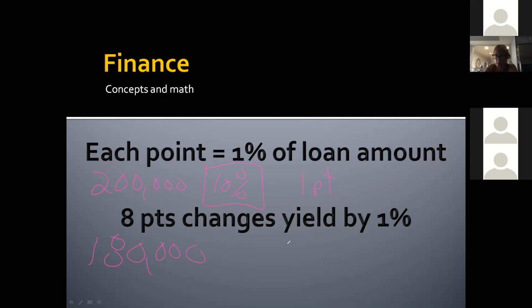And if you have to pay 1 point, what's 1% of 180,000? It's 1,800. Now, you can rest assured that on the test, that'll be answer, let's say C, and answer A will be $2,000 because they're hoping you're going to bite and calculate the points on the purchase price. And that's not what we do. We calculate the points on the loan amount.